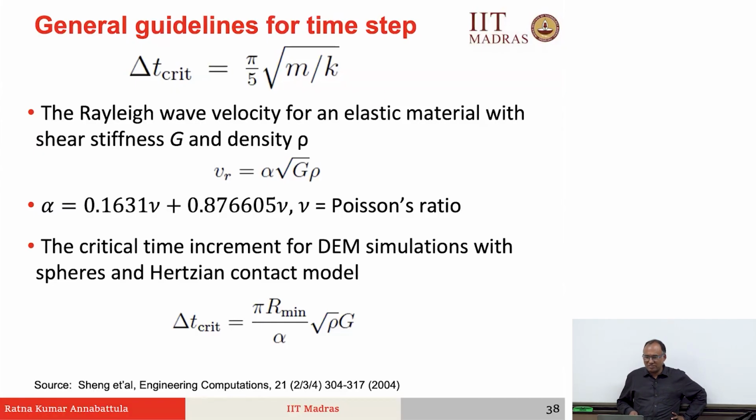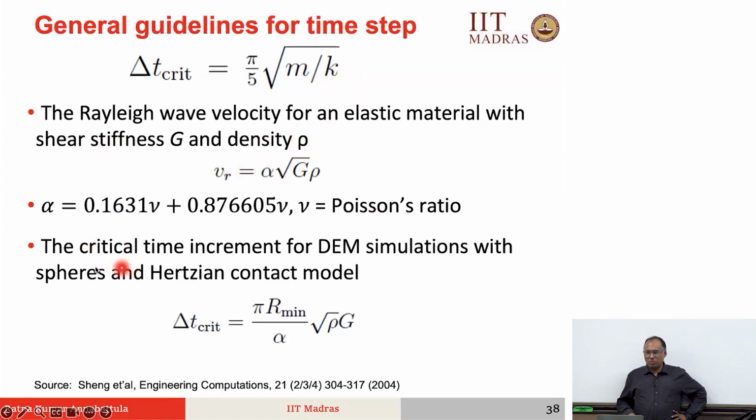So the critical time step delta t will be this. Your time step at any point cannot be larger than this, if the mass and stiffness of the particle are known, because the Rayleigh wave velocity of an elastic material depends on g and rho, or m and k.